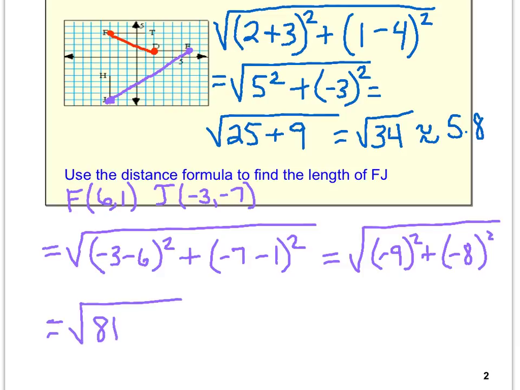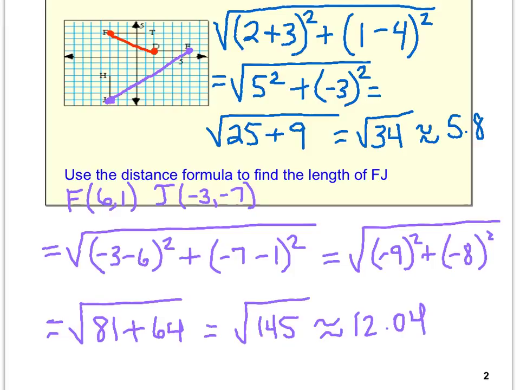So negative 9 squared is 81, plus negative 8 squared is 64. And then if I add 81 plus 64, we get 145. And again, similar to the last problem that we just did, square root of 145 is not a perfect square. So if I wanted to estimate it, on your calculator, square root of 145 is about 12.04.